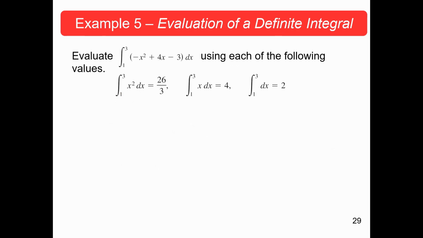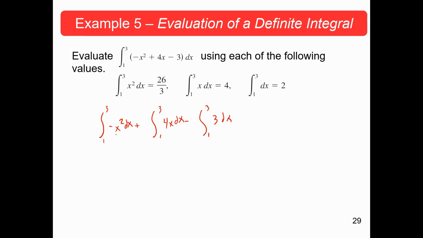All right, so let's evaluate the integral of negative x squared plus 4x minus 3 from 1 to 3, given that we know these specific values. Okay? So we know we can split this up. We could say that we go from 1 to 3 of negative x squared plus from 1 to 3 of 4x minus from 1 to 3 of 3, making sure we have our dx's on every one of them, okay?